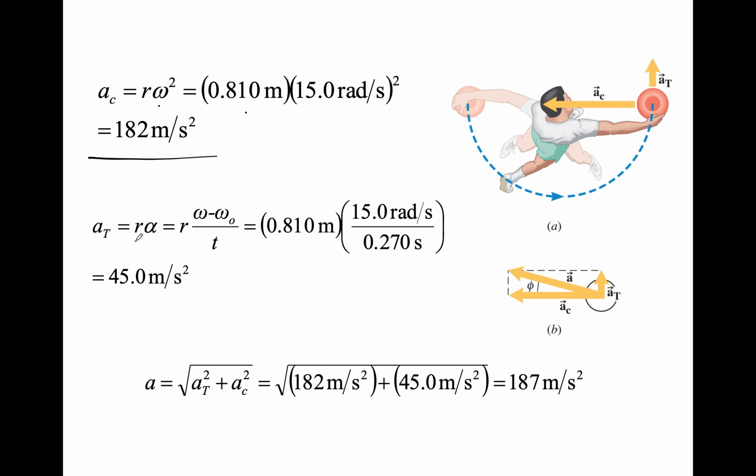It should equal radius times angular acceleration. Angular acceleration is the final angular velocity minus the initial angular velocity, divided by time. Plug in all the numbers. Tangential acceleration is 45. And then total acceleration is the square root of tangential acceleration squared plus centripetal acceleration squared. Plugging in all the numbers, we find it is 187 meters per second squared.